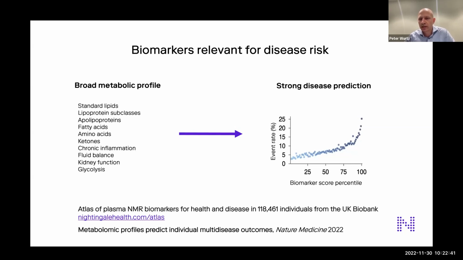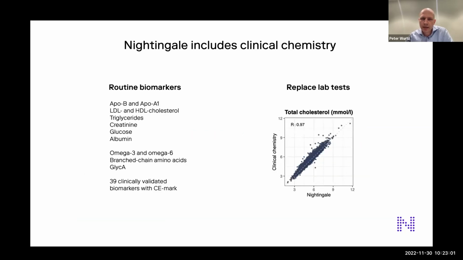And if you're more interested in the individual biomarkers, I would like to highlight this other paper, Atlas of Biomarkers versus Health and Disease, with the first results in UK Biobank participants, over 100,000 individuals and results across over 700 disease outcomes.